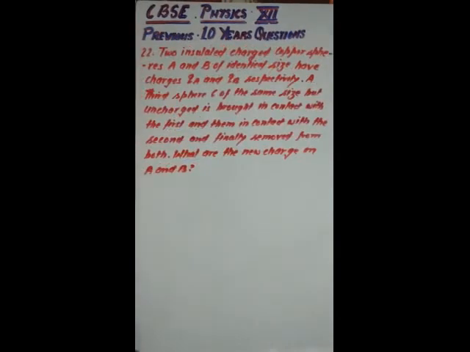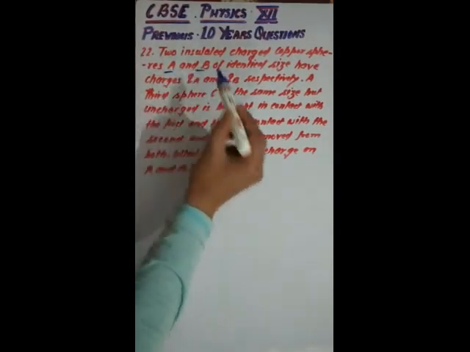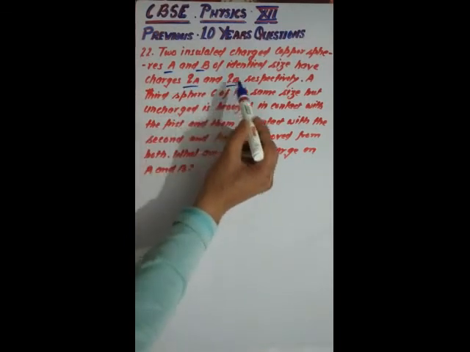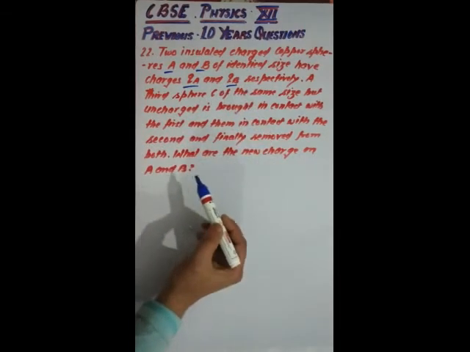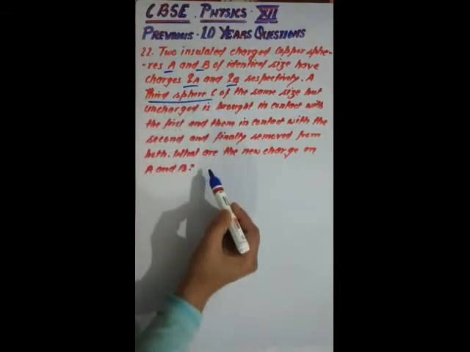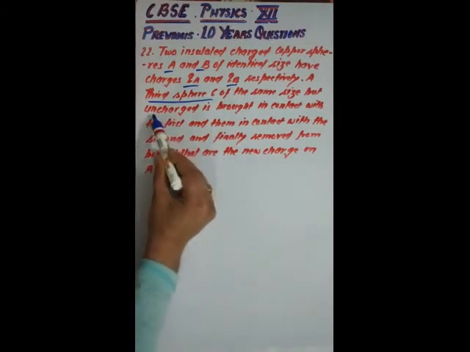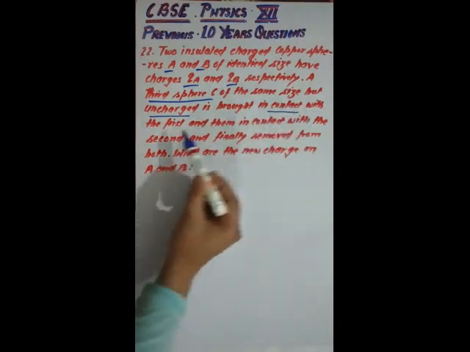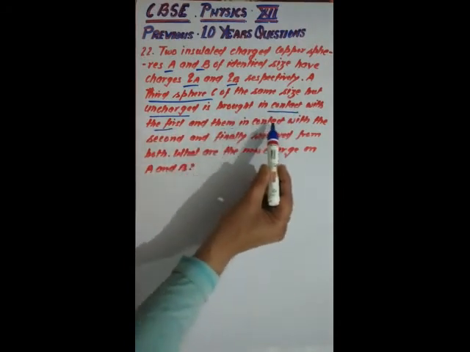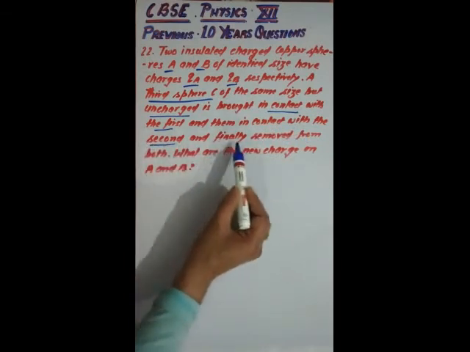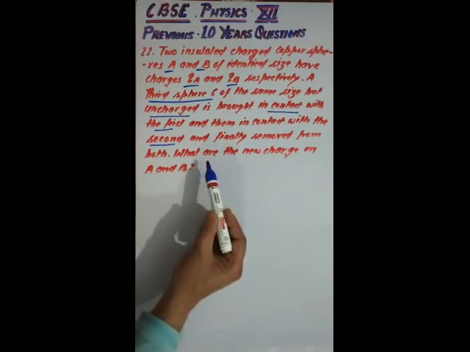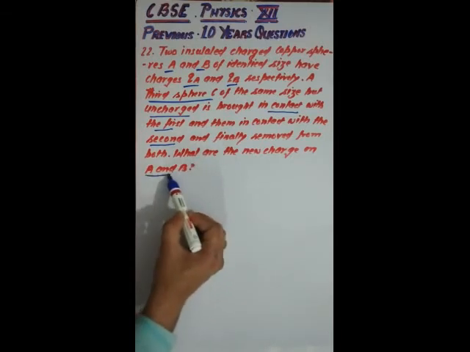Two insulated charged copper spheres A and B of identical size have charges QA and QB respectively. A third sphere C of the same size but uncharged is brought in contact with the first and then in contact with the second, and finally removed from both. What are the new charges on A and B?